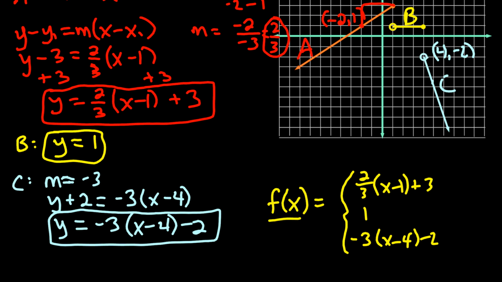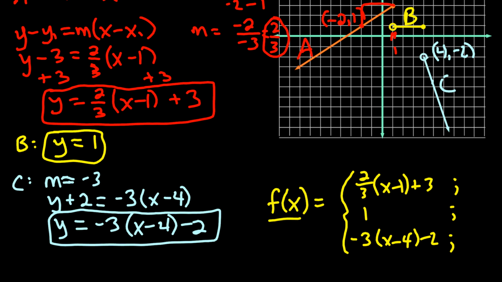All right. And then we're going to define where these graphs happen. So I'm going to do a semicolon for each piece. And if you notice, the orange graph stops at 1. So A stops at 1 when x equals 1. I got interrupted, I had to pause the video.